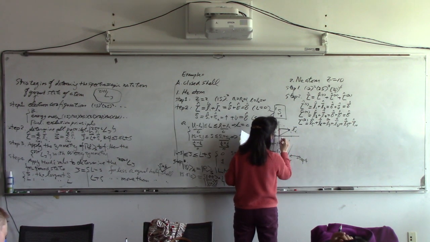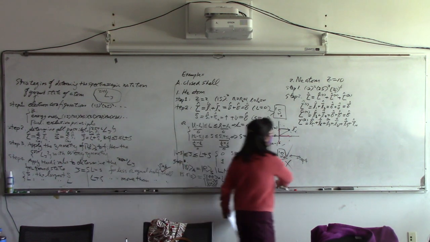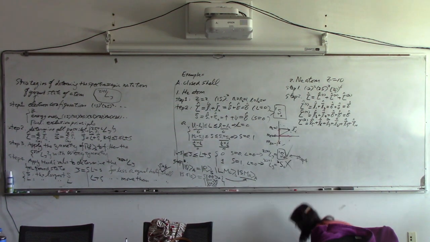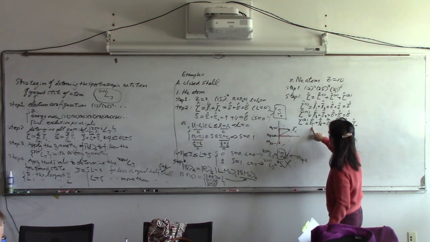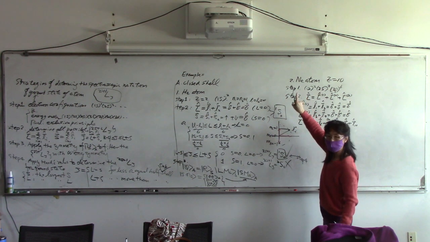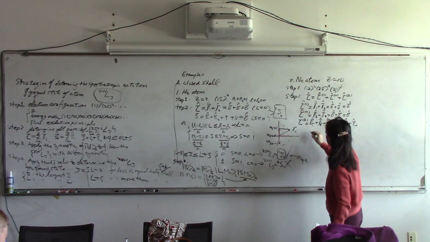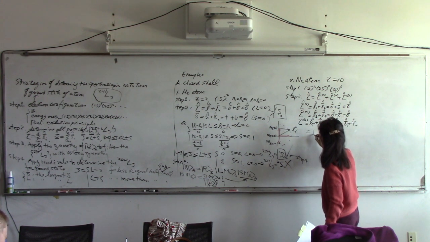One is here, another here, right? Only these 3. So if only these 3, you can see here, the first, if it goes up, M_L equals 1, so I'm going to use 1.